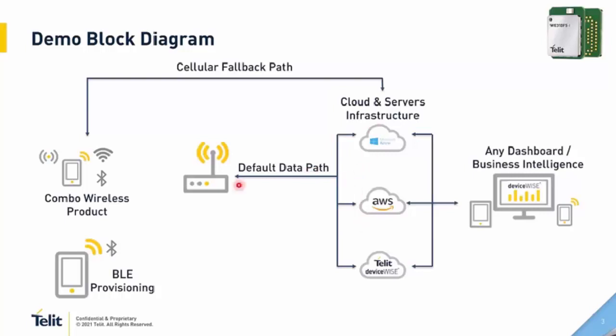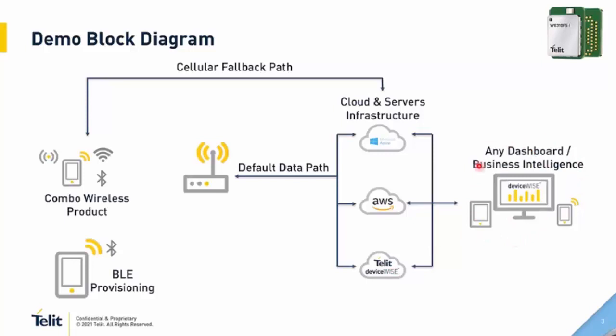As far as the communication path is concerned, we use the MQTT protocol. MQTT brokers are available everywhere in cloud infrastructure. So we took Telit's deviceWISE as the cloud infrastructure, and we have our own MQTT broker there, which will be used for communication purposes.